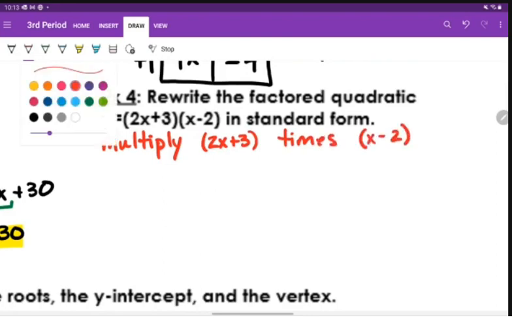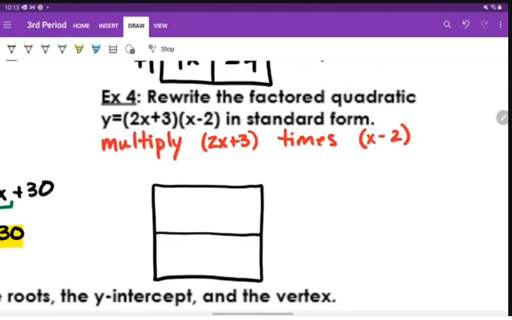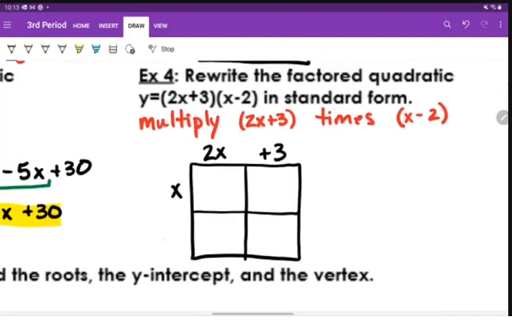So to do that, we're going to set up our grid, our rectangle. And across the top, I'm going to write 2x plus 3. And down the side, I'm going to do x minus 2.